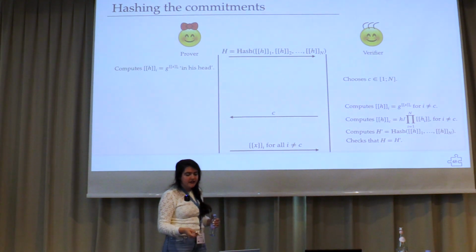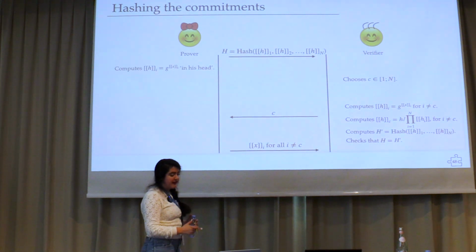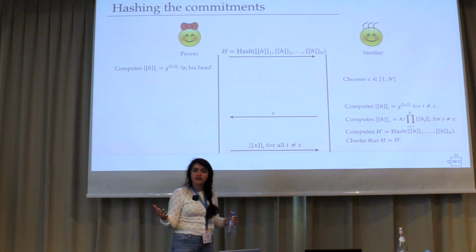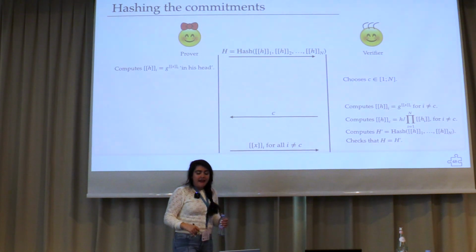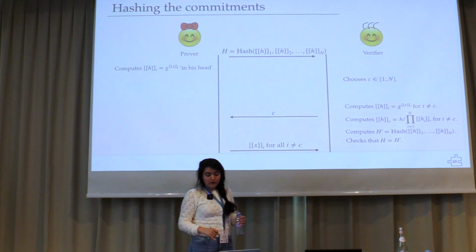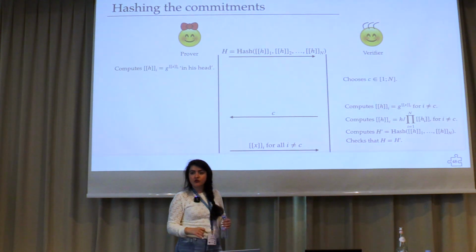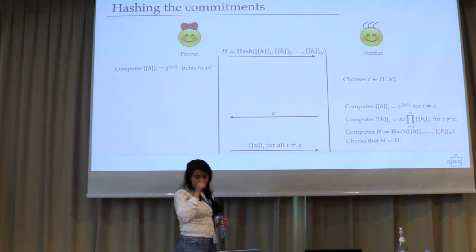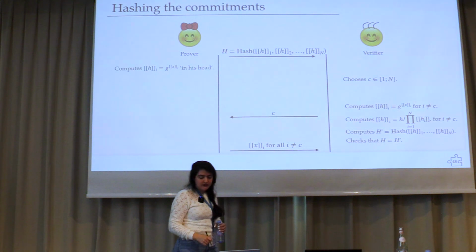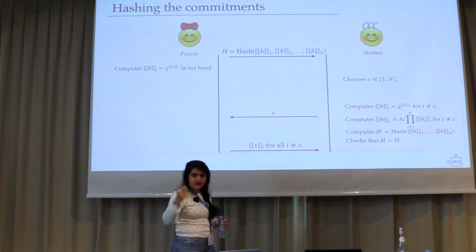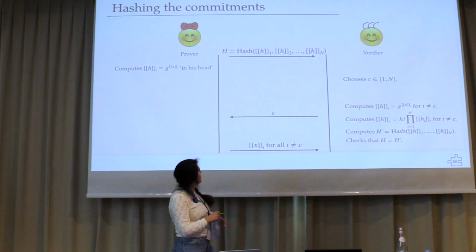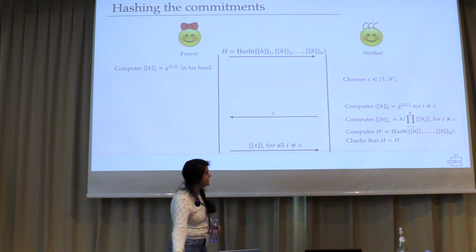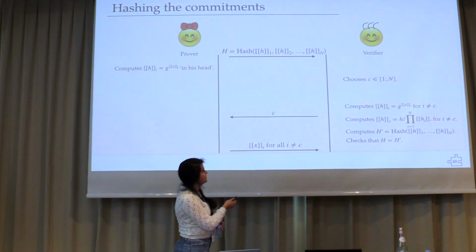First, the verifier computes this H_i for everything that he can, and he can do this for all except one, because he doesn't have the last share. Once he has all but one H_i, he can compute the last one because he knows big H, same as we did before. This is with the discrete log example. So he can compute the H_C, the H corresponding to the challenge, by taking big H and dividing by the product of all of the rest.